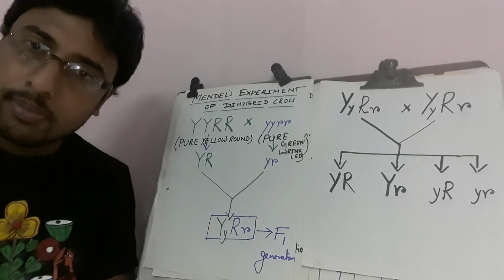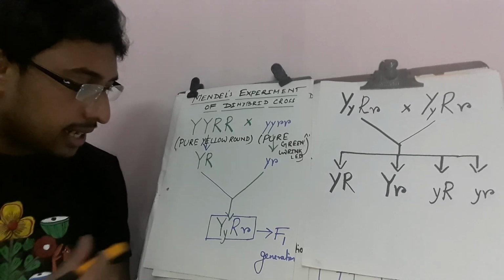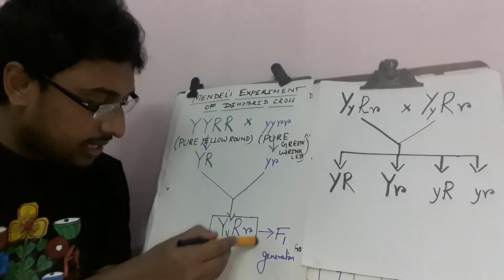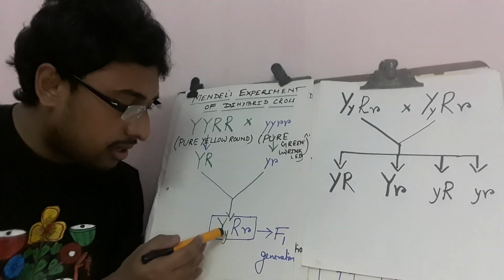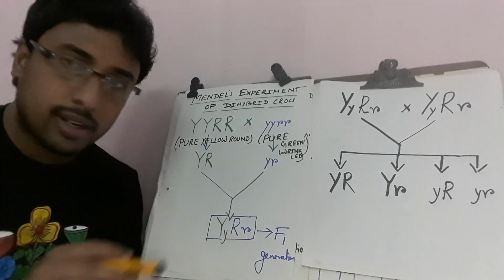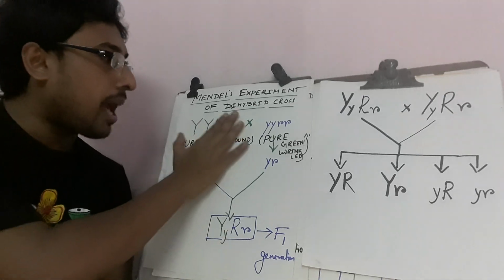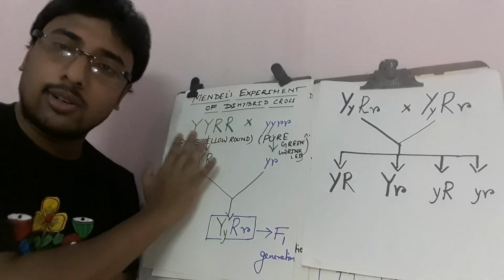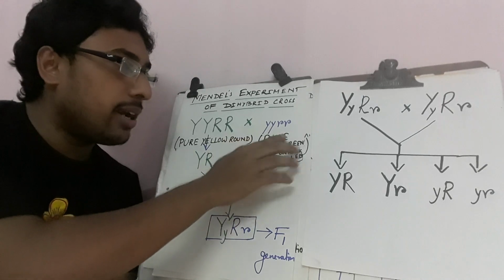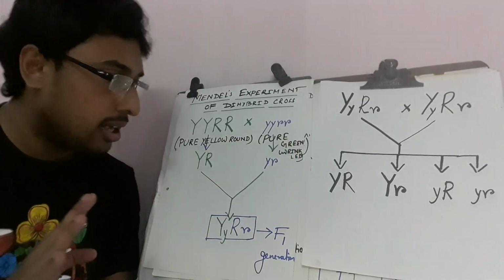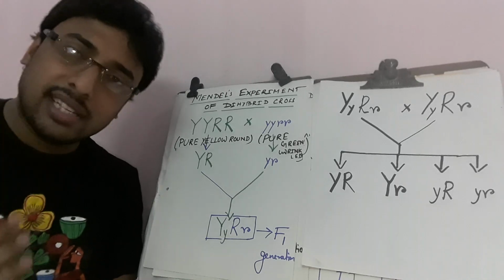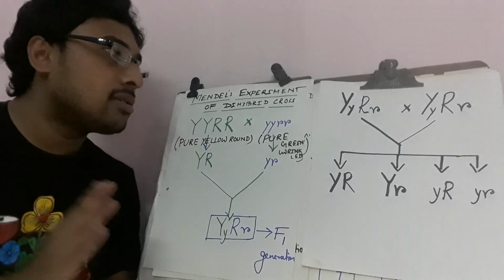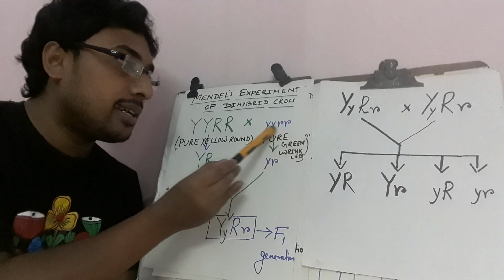And in the F1 generation we are getting the character capital Y, small y, capital R, small r. According to the phenotype, the seed is capital Y, capital R, and similarly small y, small r are also present. Here capital Y, capital R are dominating characters, and small y, small r are recessive characters. So capital Y, capital R will suppress the characteristic features of small y, small r, as they are recessive.